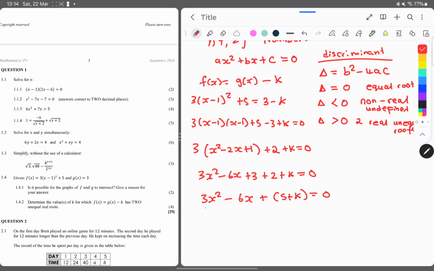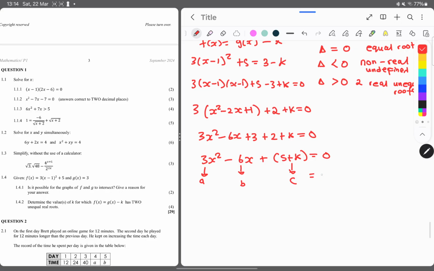Now let's identify our variables. This is a, this is b, this is c. For it to have real unequal roots, the discriminant must be greater than 0, so b squared minus 4ac must be greater than 0.